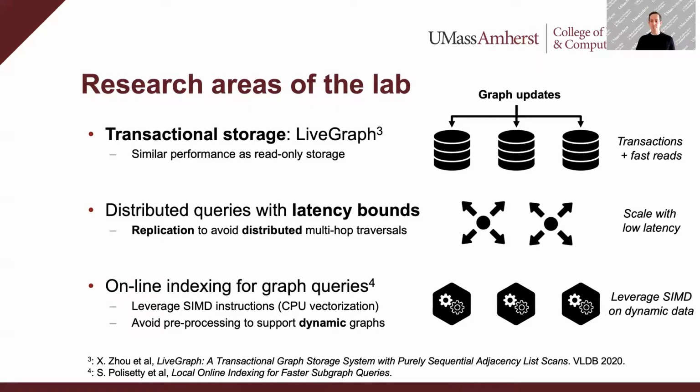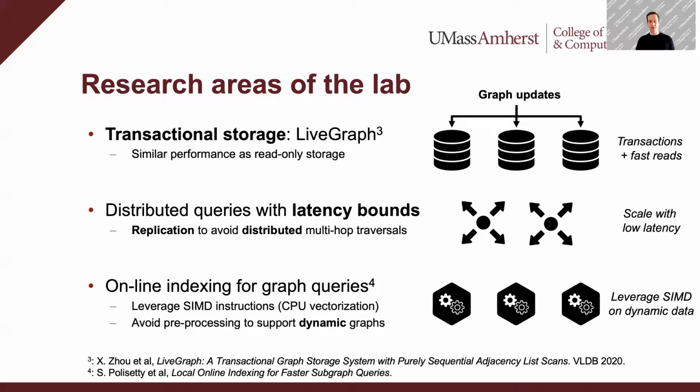Because graph queries are so computationally intensive, people have looked into using hardware-level features like CPU vectorization to speed up the process. Typically one way to do that is to index the input graph in a format that is friendly to vectorization. However, this is very expensive.